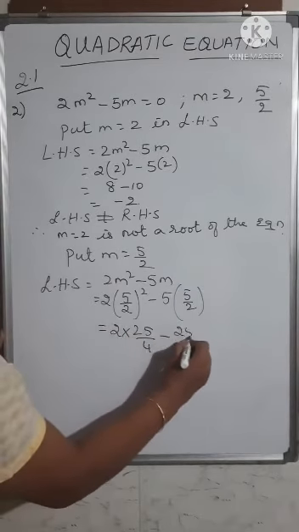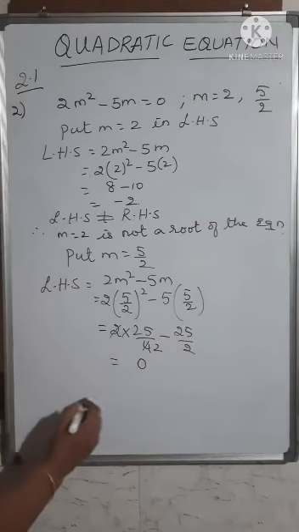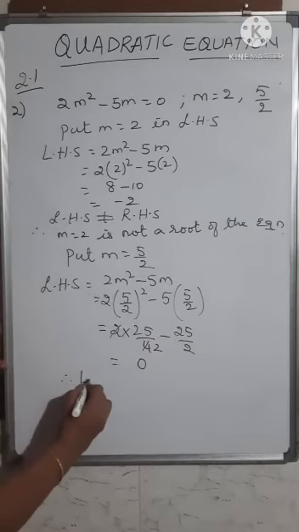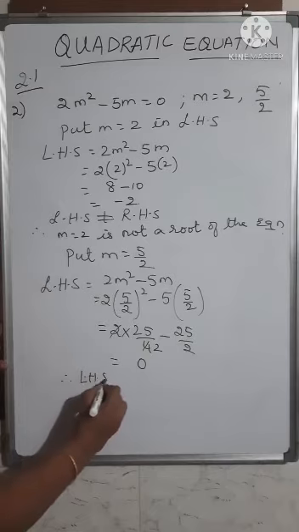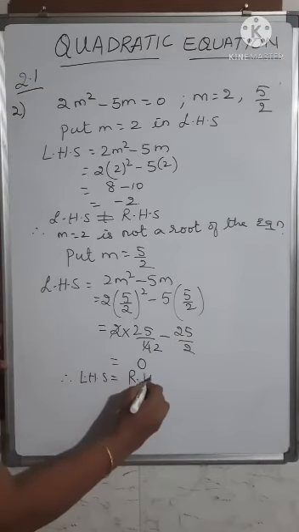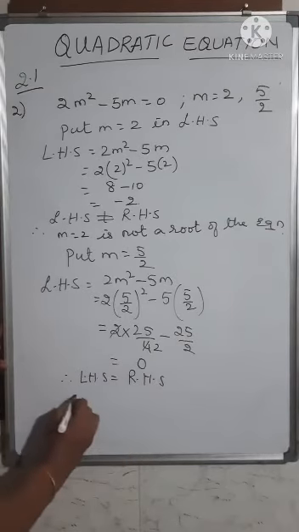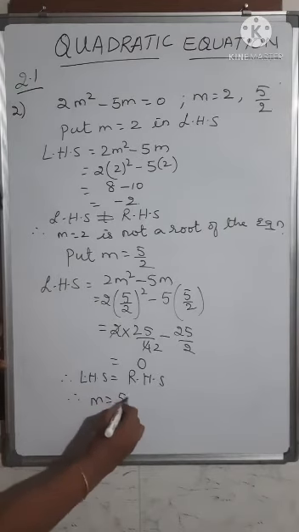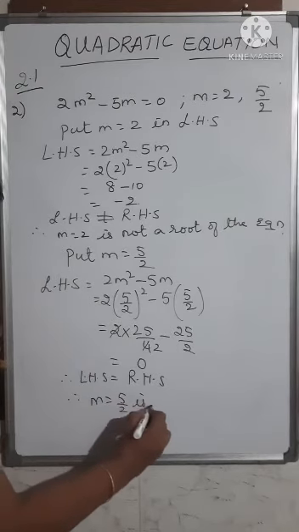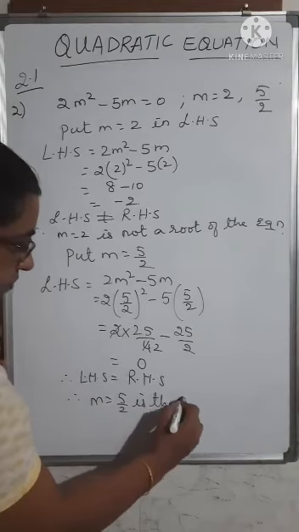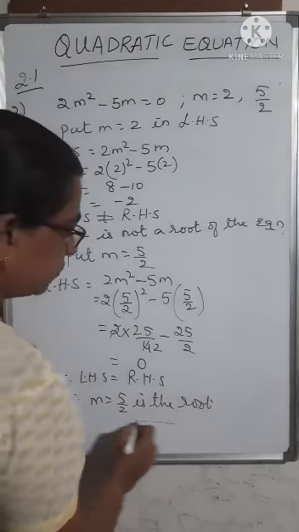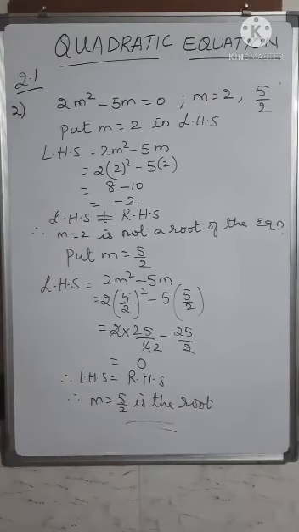Cancel it, so you get 25 upon 2 minus 25 upon 2, which is equal to 0. So you write, therefore LHS is equal to RHS. Therefore m is equal to 5 upon 2 is the root of the equation. So like this you have to verify whether it is the root of the equation or not.